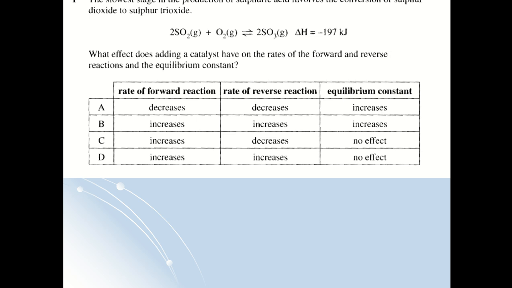Okay, what does adding a catalyst have an effect on: the rates of the forward and reverse reaction and the position of equilibrium? Right, basically remember that a catalyst doesn't affect the position of equilibrium, so therefore wrong. It increases the rate of the forward reaction, but remember it also increases the rate of the reverse reaction by exactly the same extent. So the answer is D.